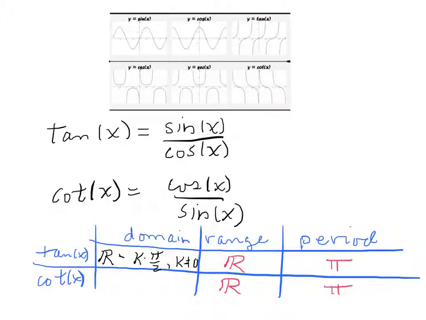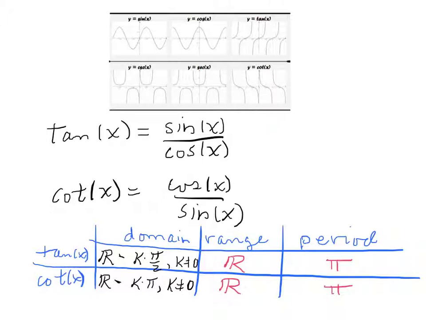Similarly, for cotan, the domain is everything except those values that make sine equal to 0. So that's going to be all reals except multiples of k pi, where k is not equal to 0. And there we go with a complete chart for tan and cotan.